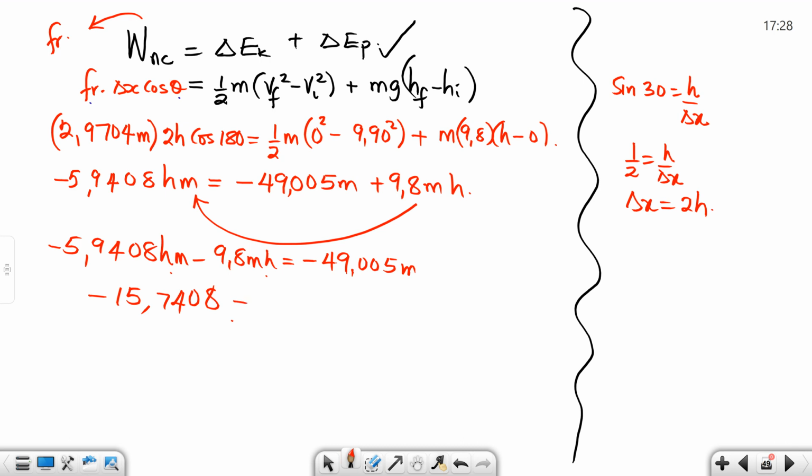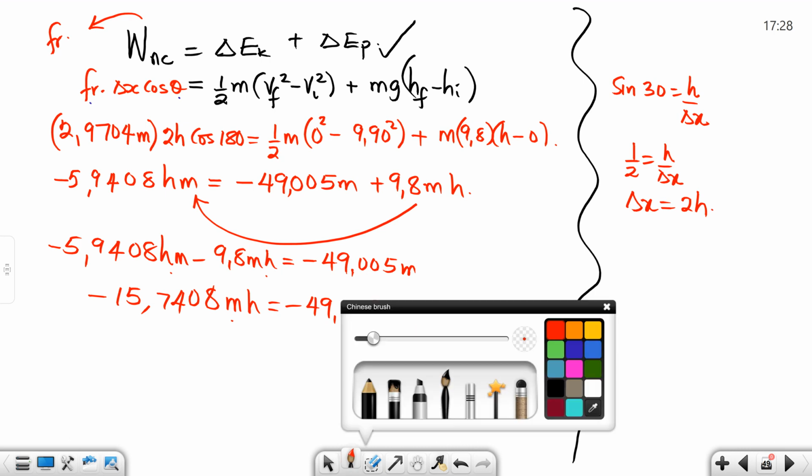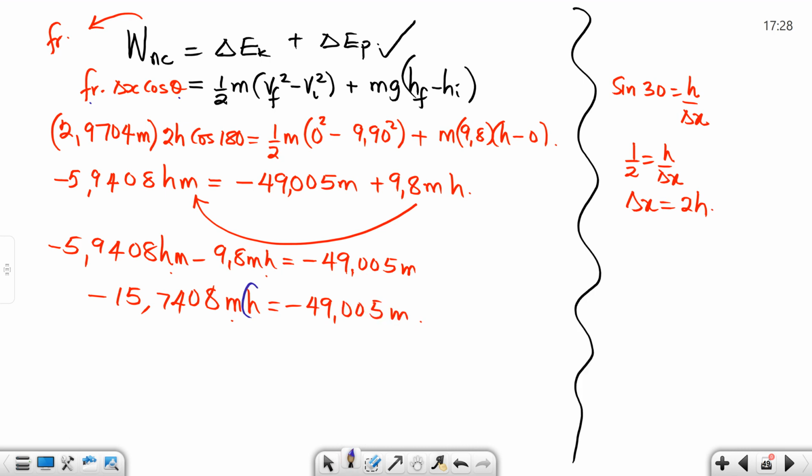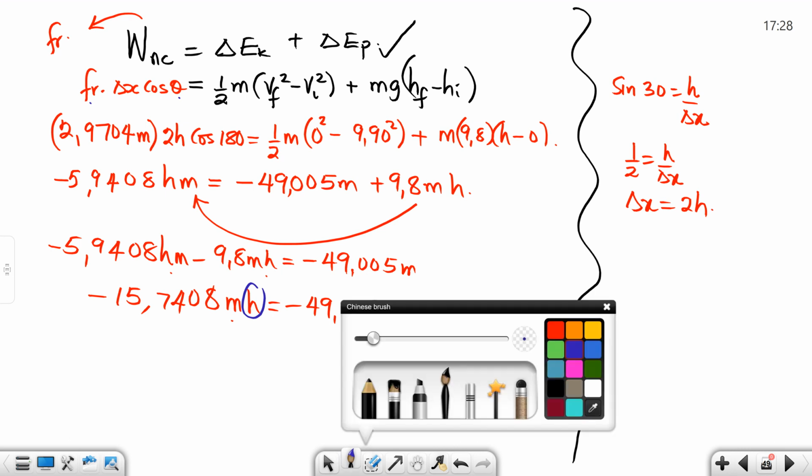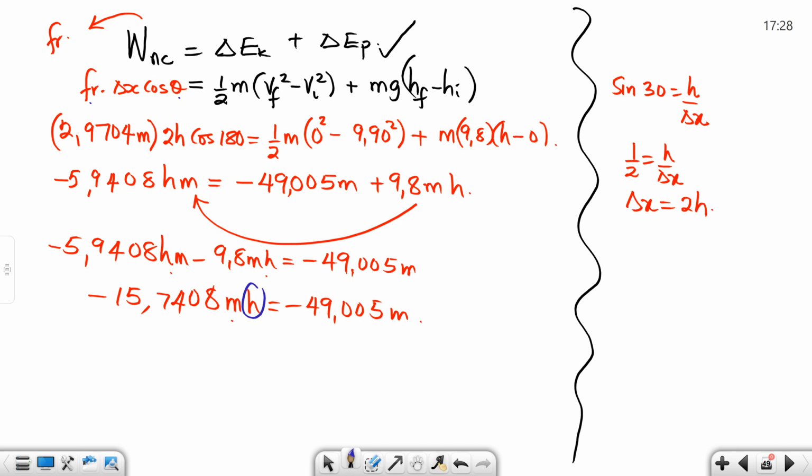All right. And we have MH, right? Equals what? Negative 4900. What are you looking for? We are looking for h, right? So what do we do? We divide everything by negative 15.74. Right? What's wrong? 49.005 m divided by negative 15.74.